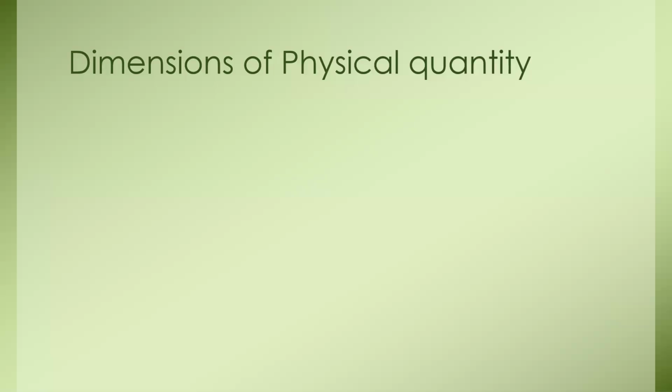Dimensions of physical quantities. When we represent physical quantities, we represent them in their base units. We can also mention the dimension. So the term dimension here refers to, for example, if a length is involved, what is the dimension?